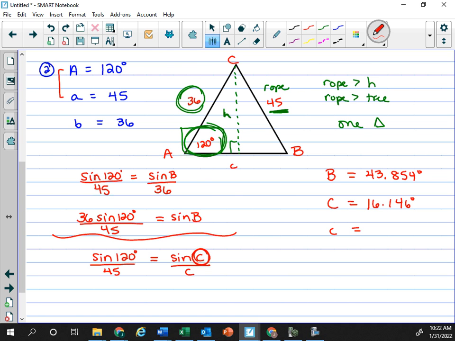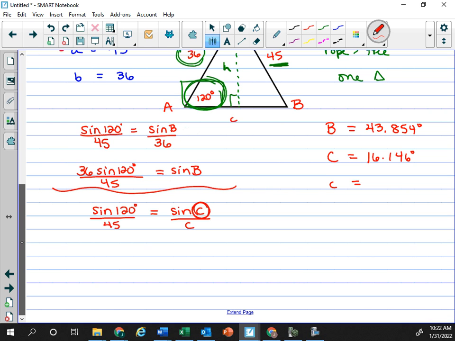Okay. You've probably gotten pretty good at the algebra part of this. Little c is going to equal 45 sine of that stored C over sine of 120. And I'll show you on the calculator. Are we okay with the setup, though? The algebraic part of it? Yeah? Okay.